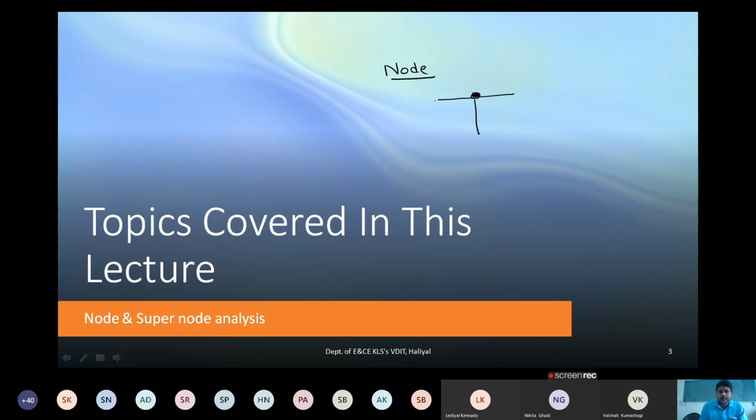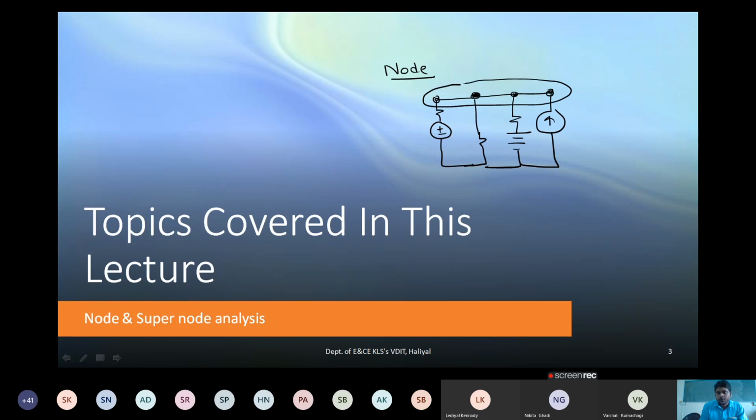If this is one branch having some resistor, some voltage source, and you have some resistor here, and another resistor, another DC source, and in parallel to this you have some current source, we know all these points are the same, they are the meeting points, so these are the nodes. So we can say this is a common node.